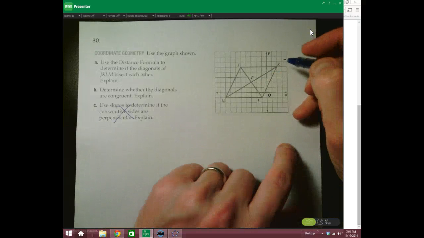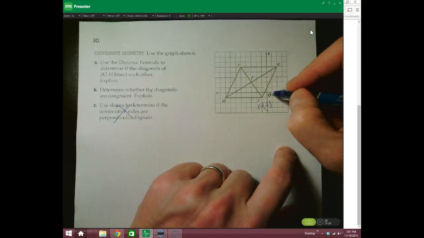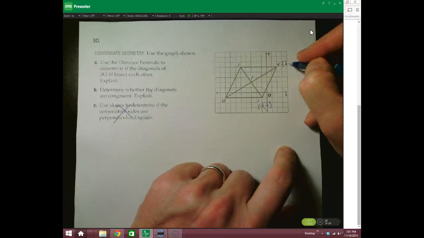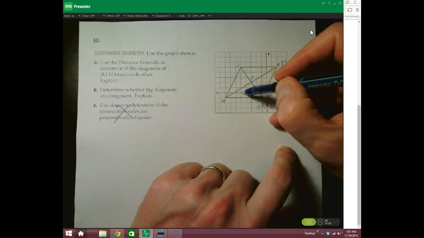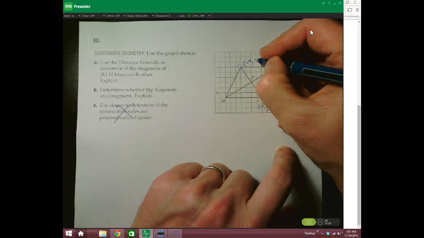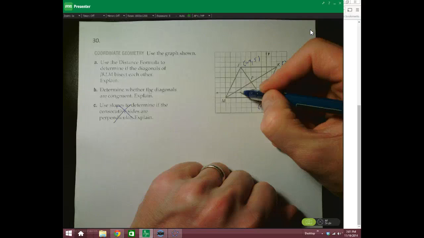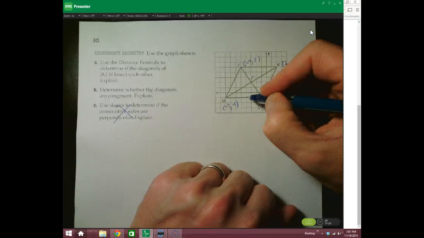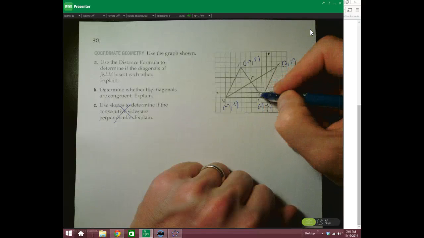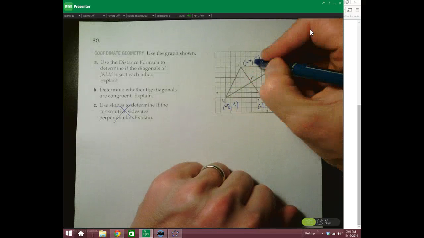So what I have to do is recognize where the points are. Point L is at -1, -1. Point K is at 2, 5. J is at -4, 5. M is at -8, -5.